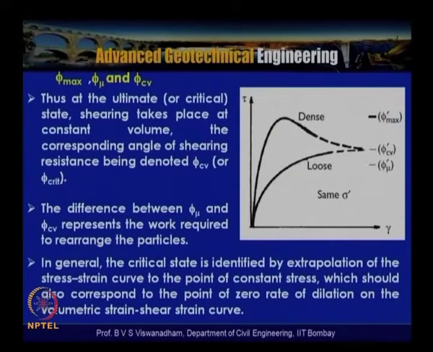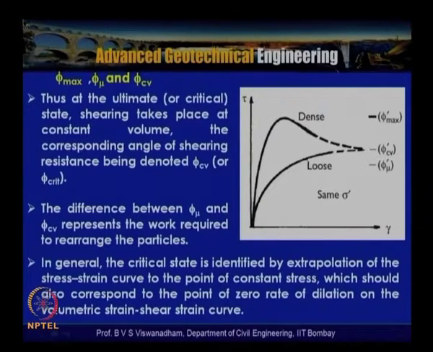So, let us try to interpret phi max, phi mu and phi CV. Phi CV is the friction angle at constant volume, and CV indicates constant volume. In this slide, tau versus shear strain is shown, where the shear stress variations for dense sand and loose sand are shown.